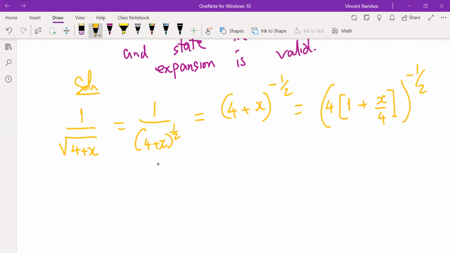Note that when you open the brackets, you still get back your original expression. So laws of indices tells us that this will be given by 4 raised power negative a half into (1 plus x over 4) power negative a half.